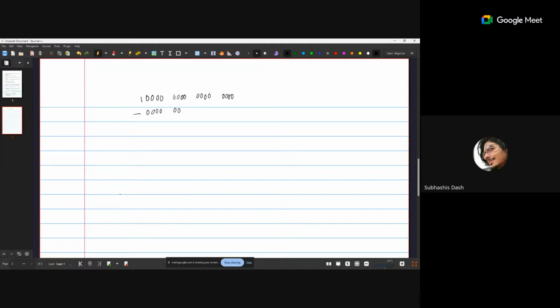So we have 47 over here. So let's just subtract it. Okay. Now, subtraction in binary may look a bit complicated as compared to subtraction in normal decimals. But let's just see what happens.